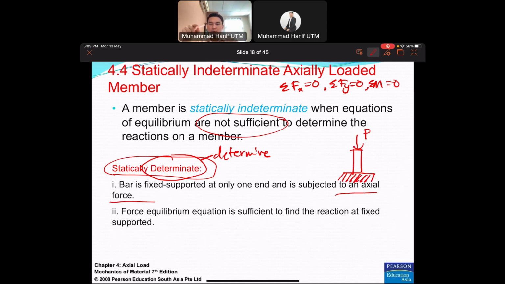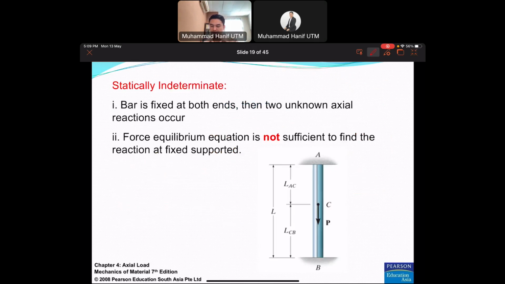The bar is on the floor, so we can use the equations of equilibrium to solve the problem. For the determinate condition, the force equilibrium system is sufficient to find the reaction at the fixed support. So we can use this formula, as I mentioned before.